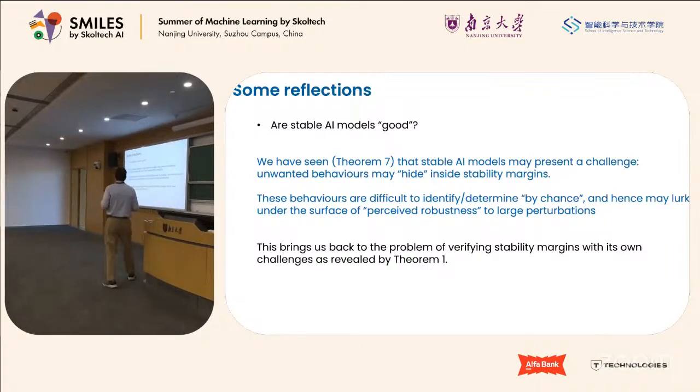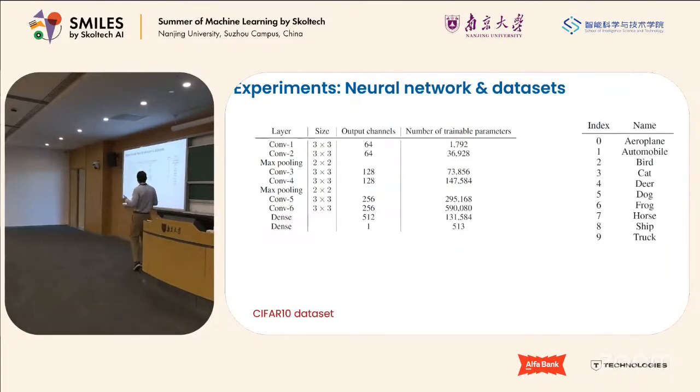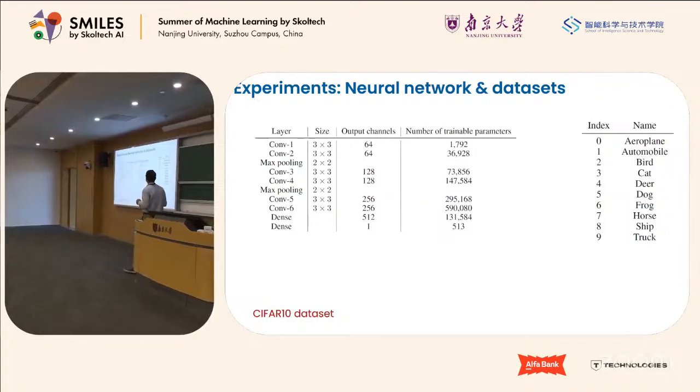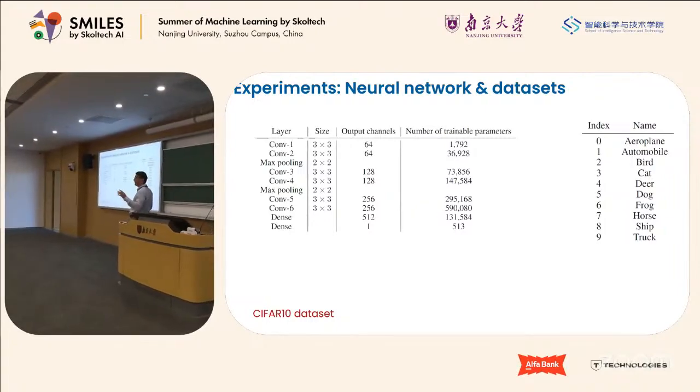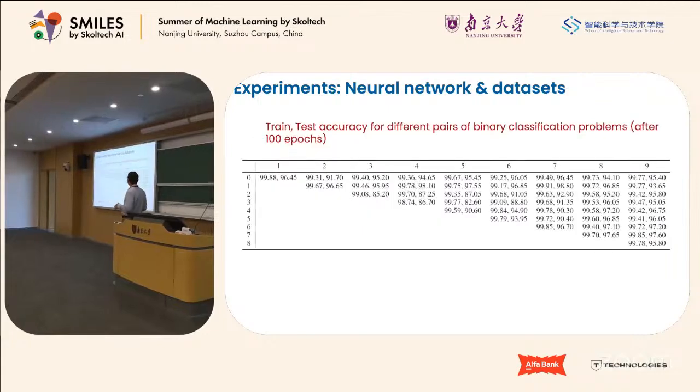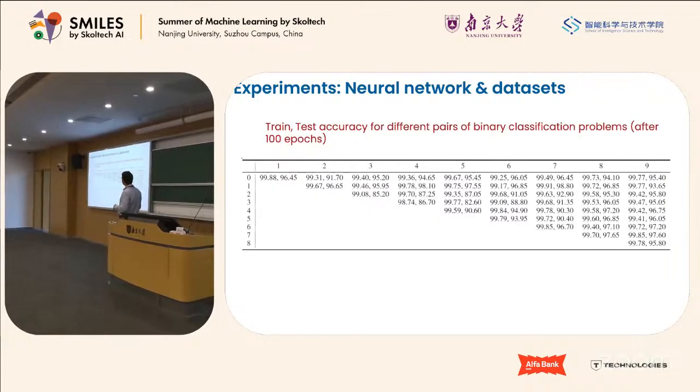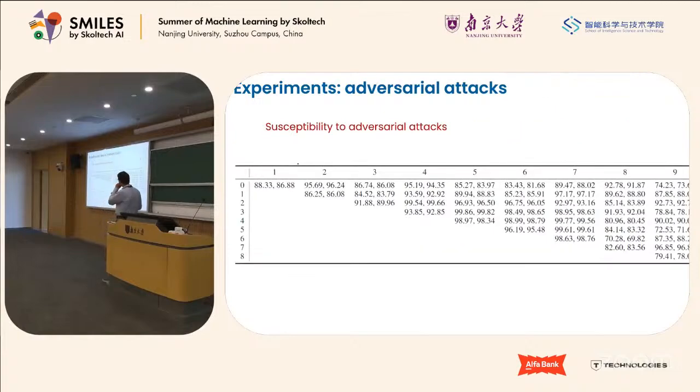And then some examples, of course, we've done a model and a CIFAR dataset, and I'm going to just very quickly go through those slides. So accuracies, if I take class 0 as a class 1 and class 1 as class 2, those pairwise accuracies, you see they're pretty high. And then the interesting thing is that susceptibility to adversarial attacks, unfortunately, is also high. Exactly as the theorem predicts, they will be susceptible to adversarial attacks.